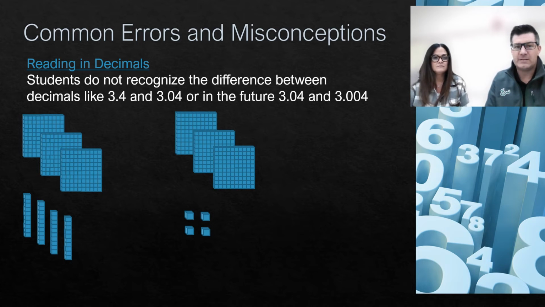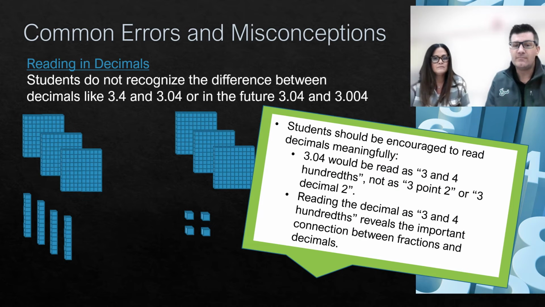But with decimals, we have to put that zero to delineate whether this is 4/10 or 4/100. It's very important then that we as teachers model the correct way to read. We would say 3 and 4/100 or 3 and 4/10, not just saying 3.4, 3.2, anything like that. So we want to make sure that we are good models of that.